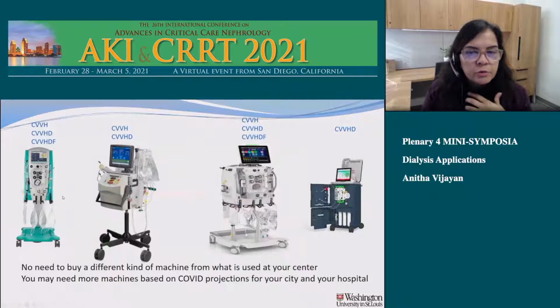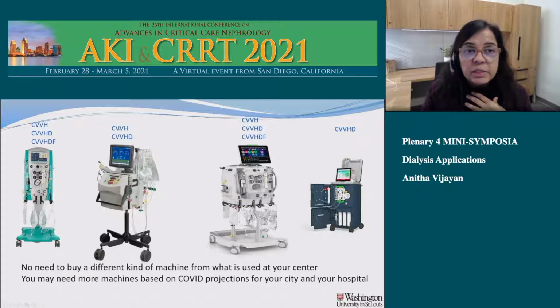So these are the 4 CRRT machines currently available in the United States. There's the PrismaFlex, there is the Next Stage System 1, there's the Prismax, and there's the Tablo. So each of these can provide different modalities of CRRT. Tablo can only provide CVHD.